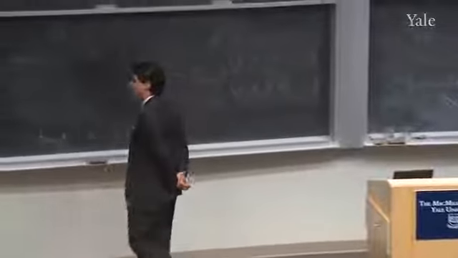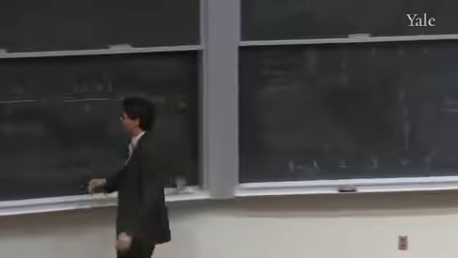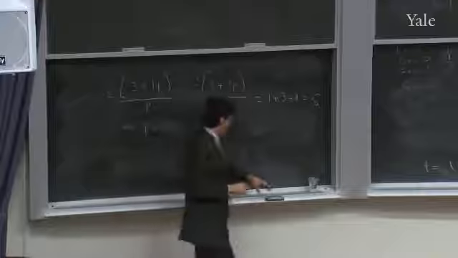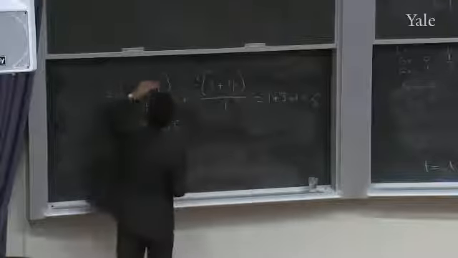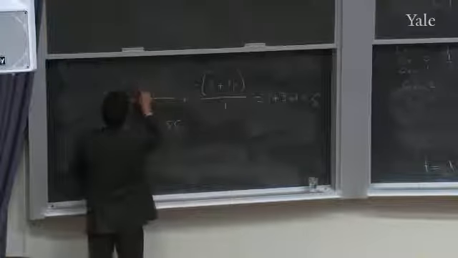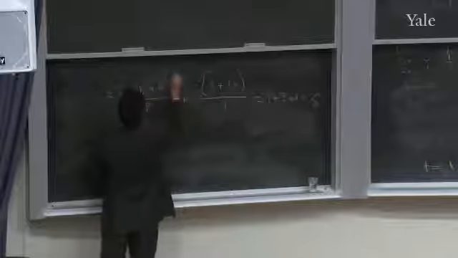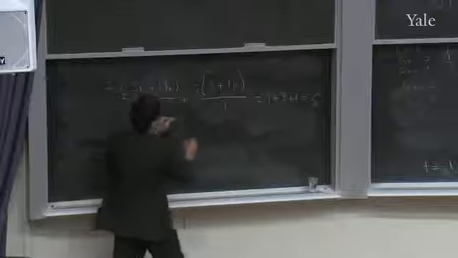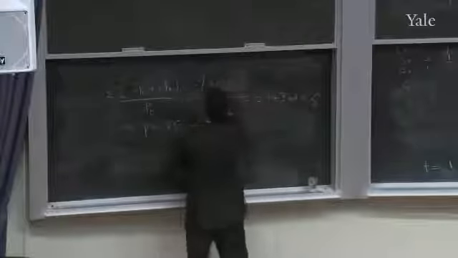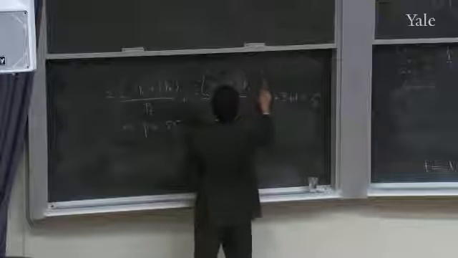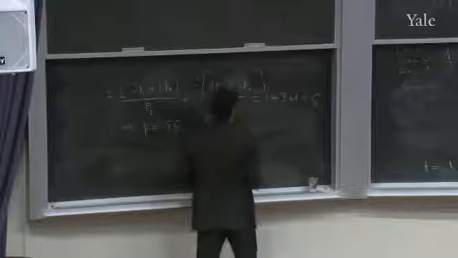If I didn't have symmetry, I would have to write this, in general, as 3 pt minus 1 plus 1 pt over pt, and this guy would be 3 pt plus 1 pt plus 1 divided by pt.